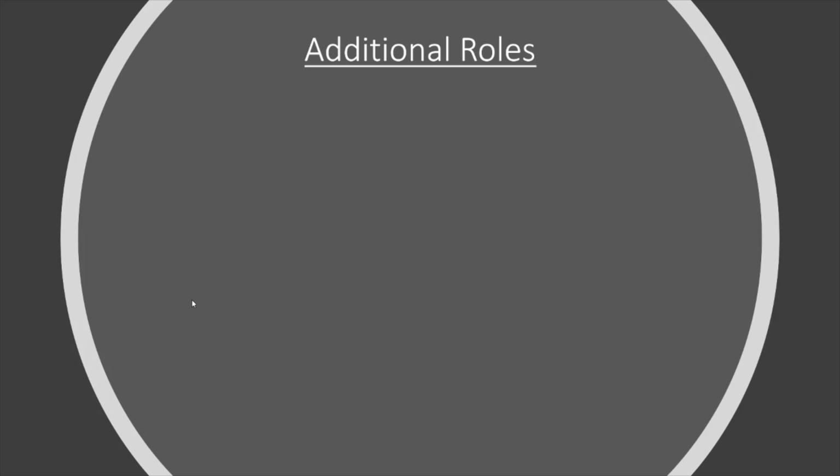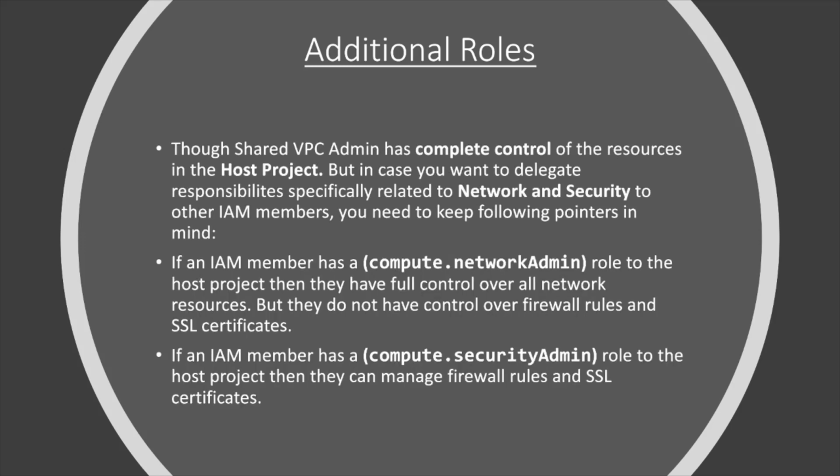Moving on, let's see some additional roles. Though a shared VPC admin has complete control of resources in the host project, in case you want to delegate responsibilities, specifically related to network and security, to other IAM members, you need to keep the following pointers in mind.